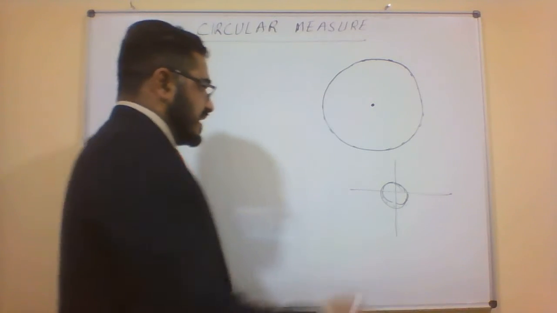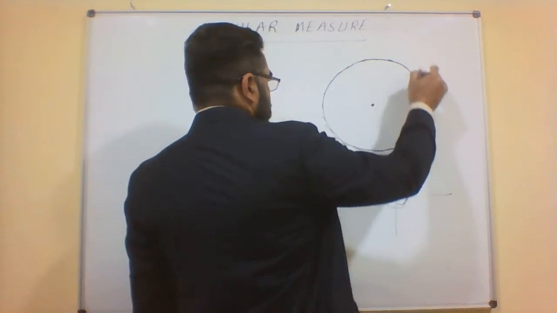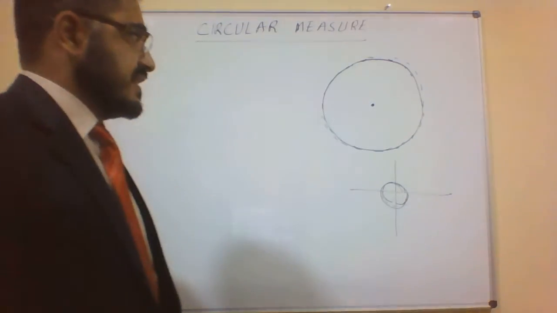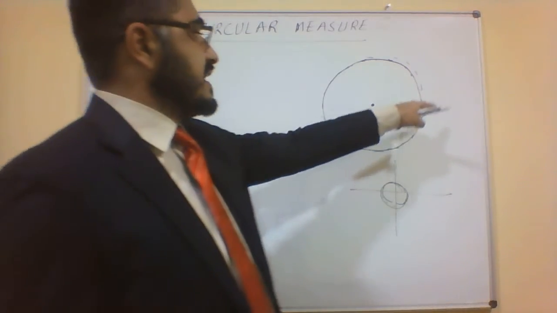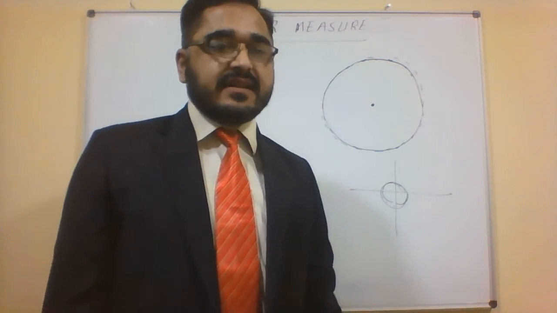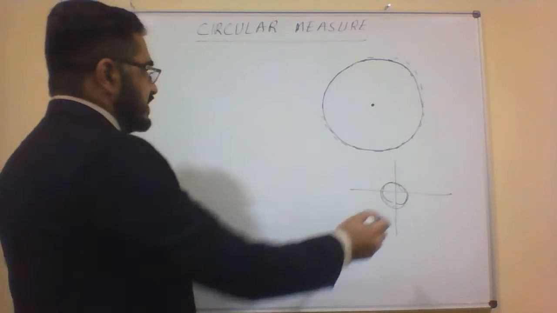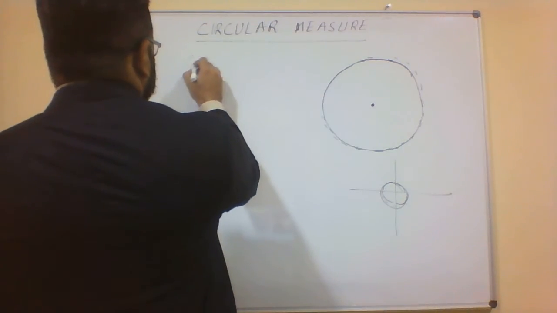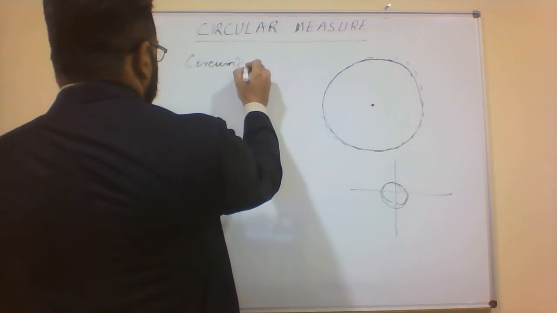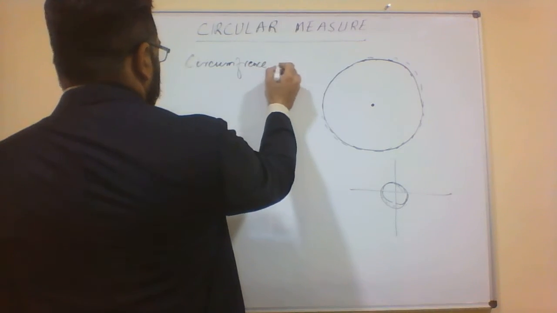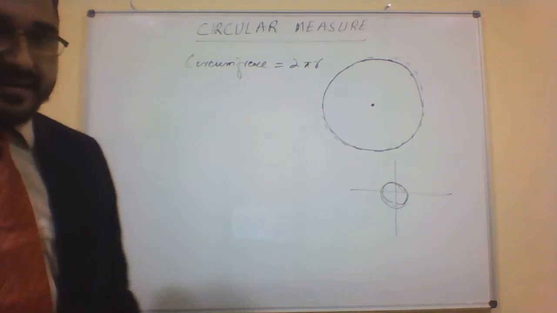If you are taking the length of this arc, the circumference, when we are joining all these set of points, we are getting the circumference of the circle, and this complete arc has a length that we call the circumference, which will be equal to 2 pi r.